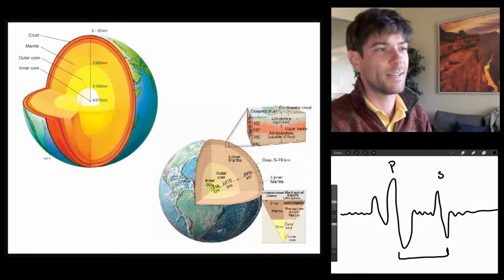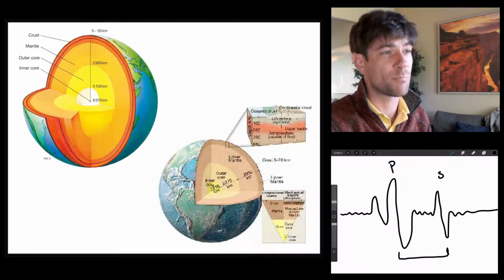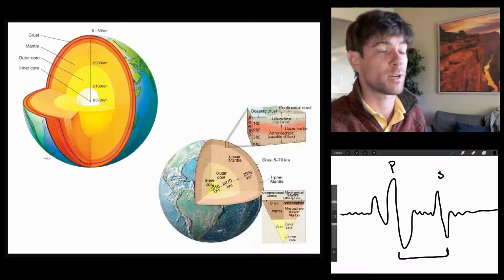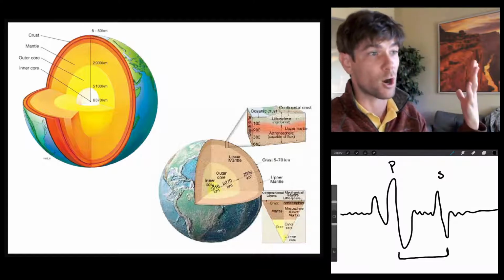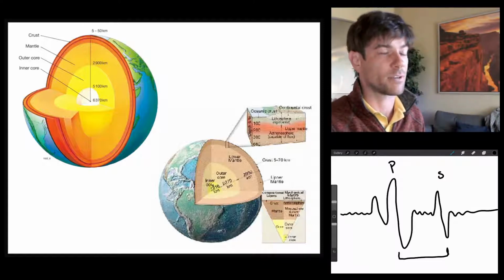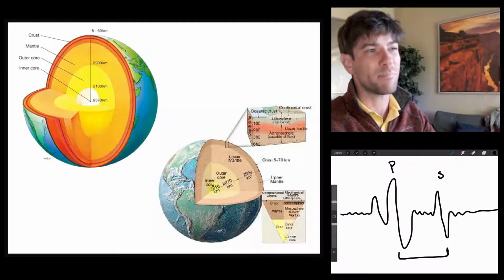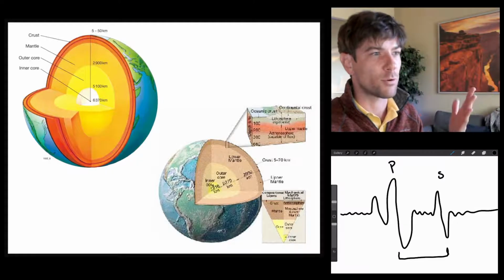The point here is that pressure waves, or compression waves, can travel through basically any material. Sound is a good example of a compression wave traveling through air. You can't hear in a vacuum. There's no sound in a vacuum because there's no medium for that wave to travel through.